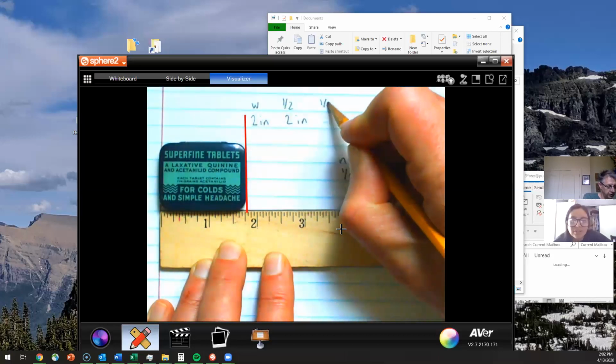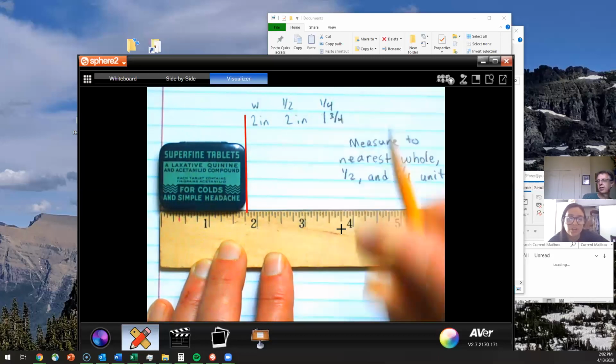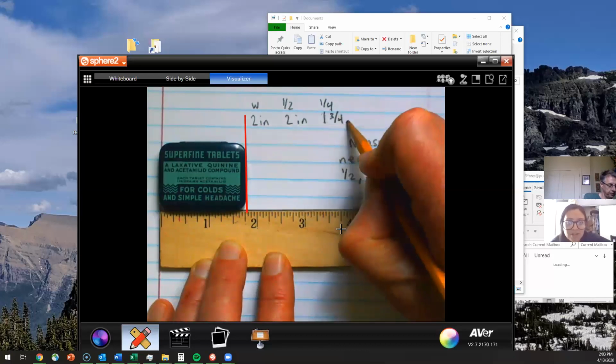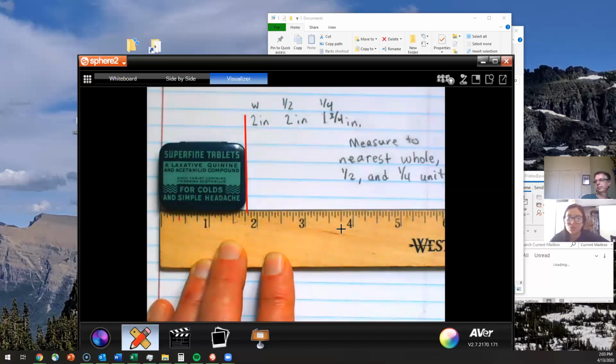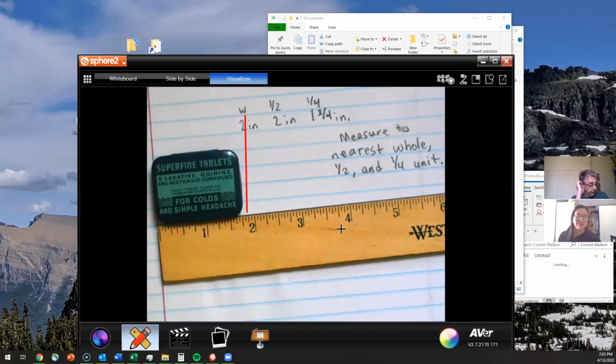So I would say that it's like 1 3/4 inches. Yep, just like so. And just like Mr. Yates is writing right now, make sure you guys are labeling it each time with those inches. And so yeah, that concludes that example.